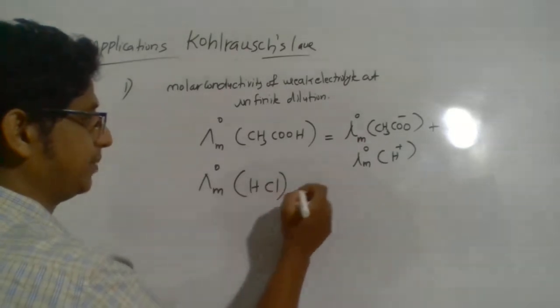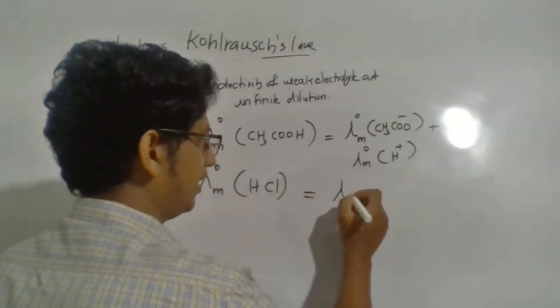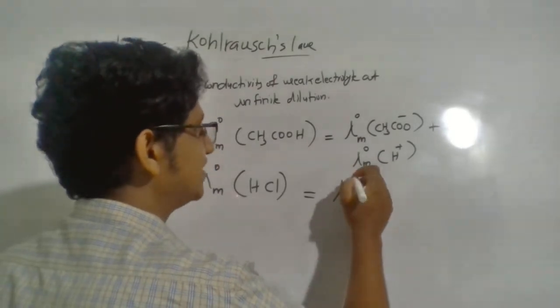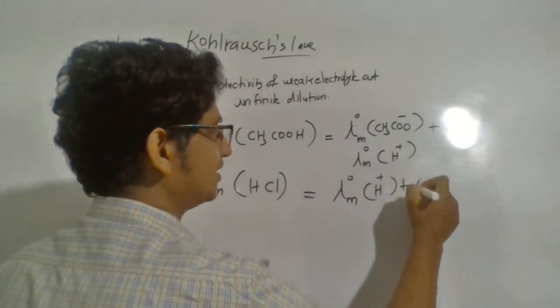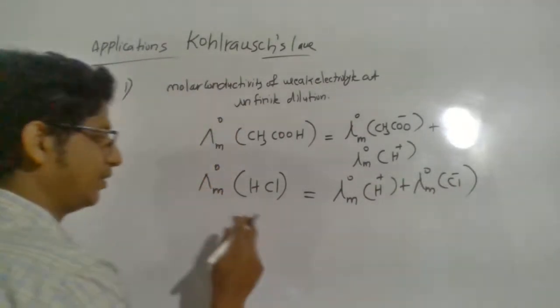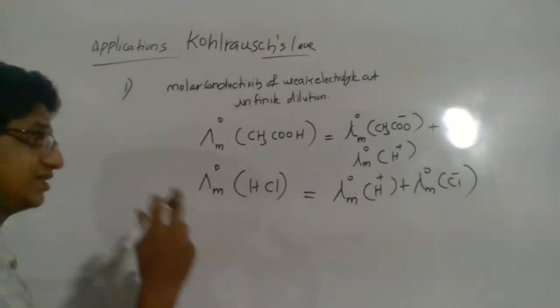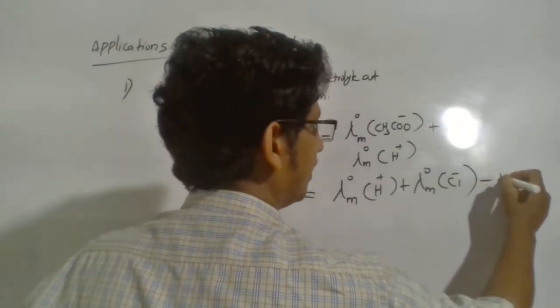That you can easily find because it's a strong electrolyte. So you can have this value lambda m0 of H plus plus lambda m0 Cl minus. This will be the molar conductivity of HCl at infinite dilution. This will be the equation. Let it be equation 1.